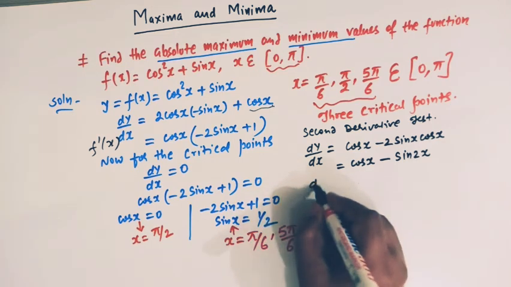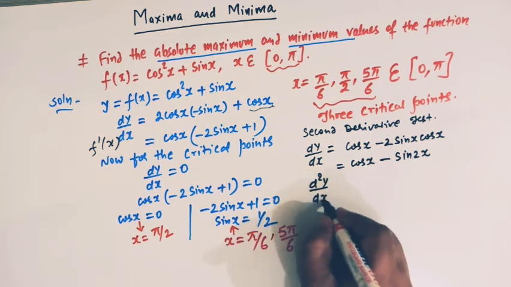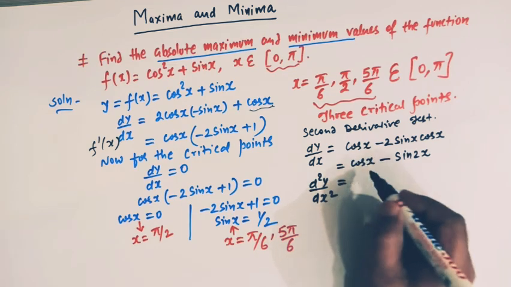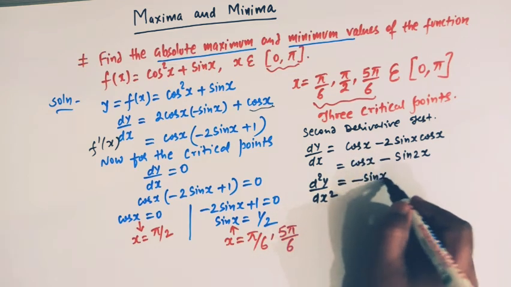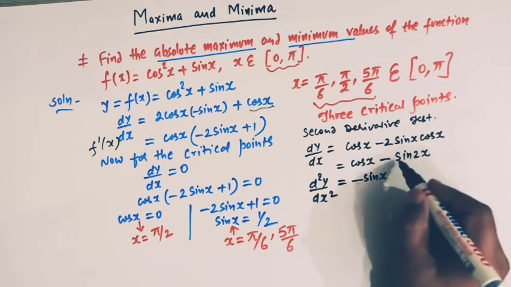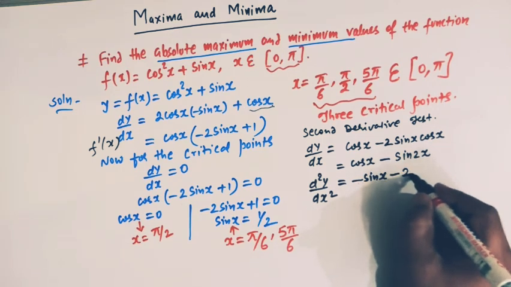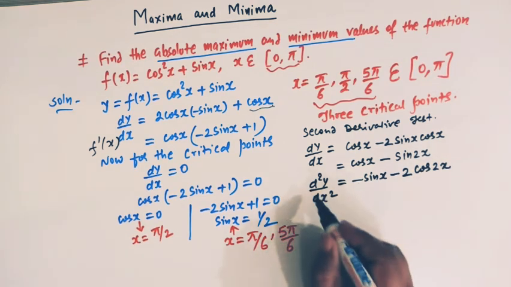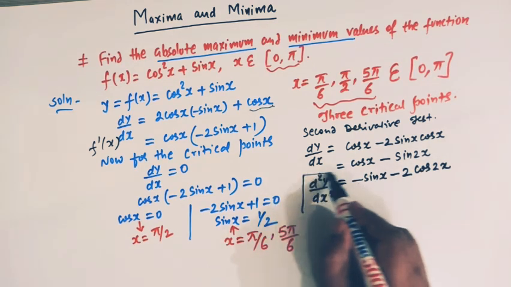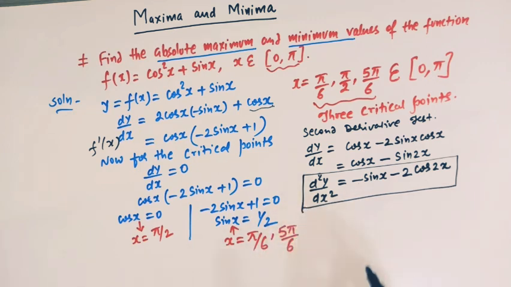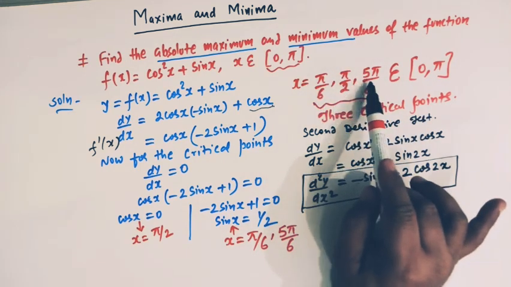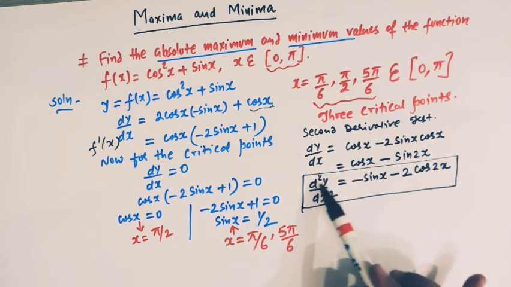Now let us find the second derivative. So the second derivative is, the derivative of cos x is minus sin x, and here we have minus 2 cos 2x, right? Okay, now this is the second derivative, and let us substitute these values in this expression.